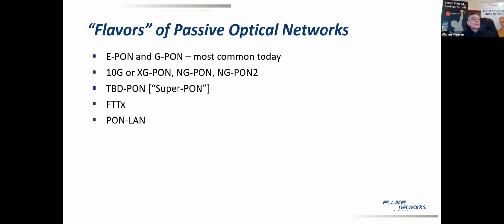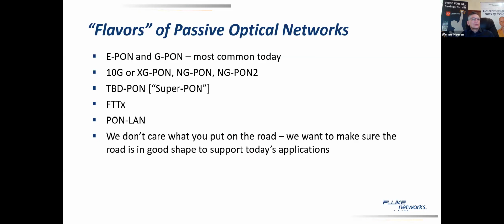At the end, we say, well, whatever you put on that road, whatever application you put there, it doesn't really make a difference for the testing. We want to make sure that the road is in good shape. You can compare it like, imagine in your dreams, you buy a nice Ferrari, can drive very fast. But if the road is with a lot of bumps and humps, like in Dubai or UAE, you cannot drive fast.